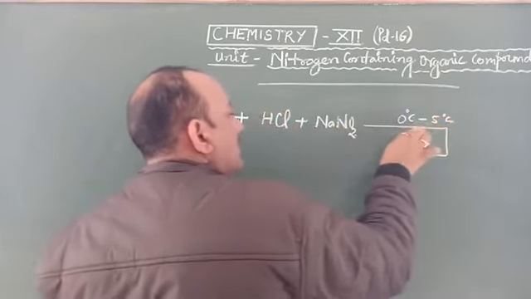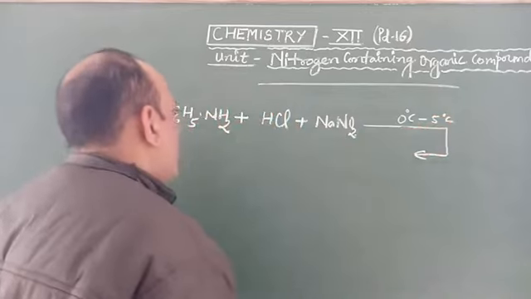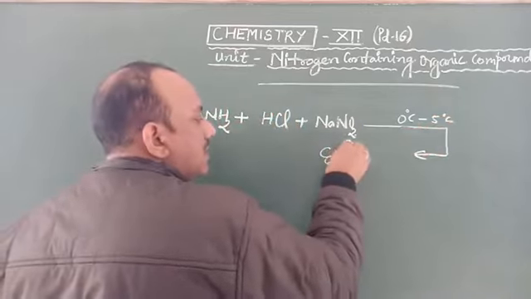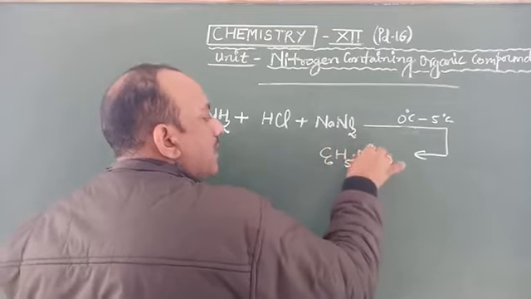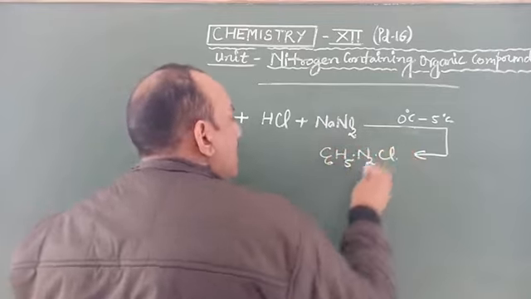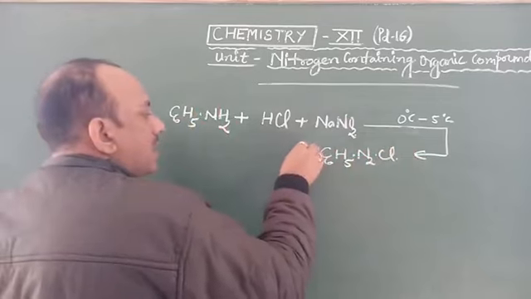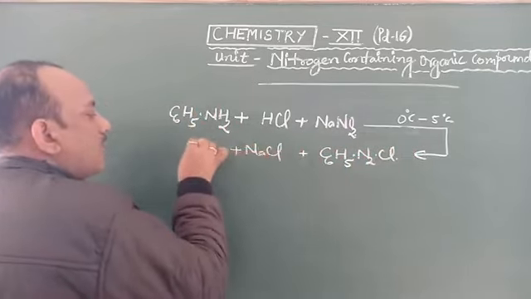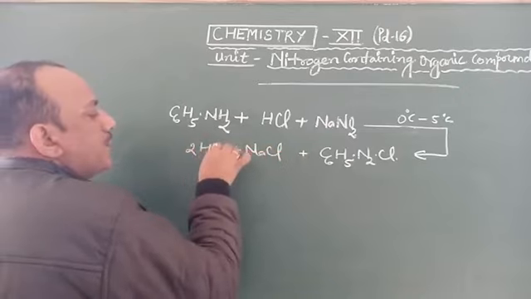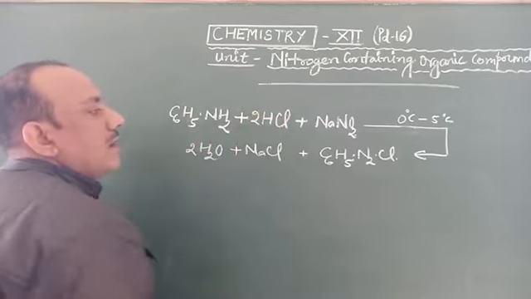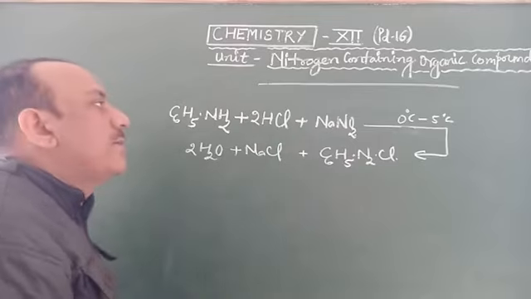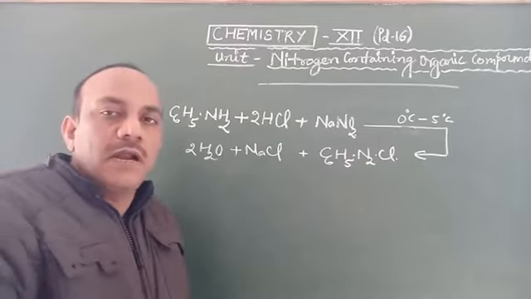It gives benzene diazonium chloride C6H5N2Cl plus sodium chloride NaCl with water molecule H2O. This is the single step reaction for the preparation of benzene diazonium chloride.